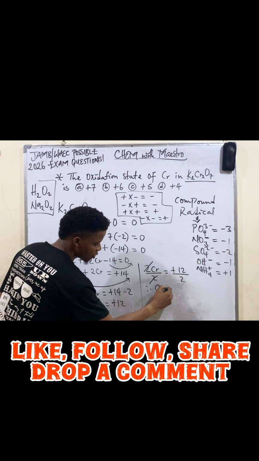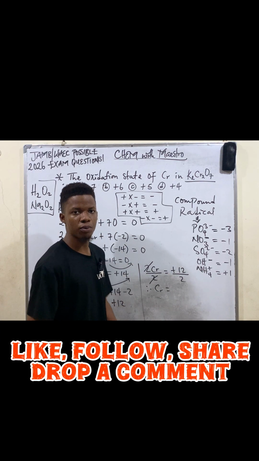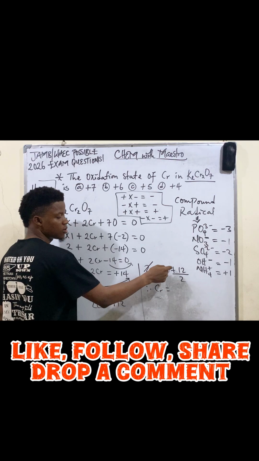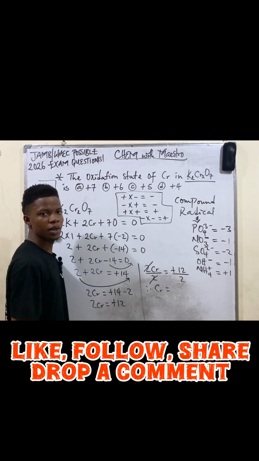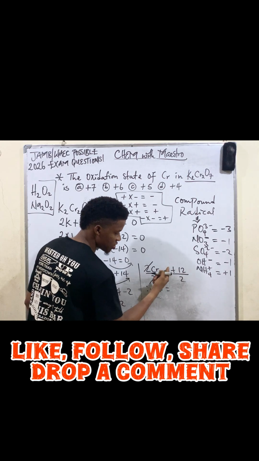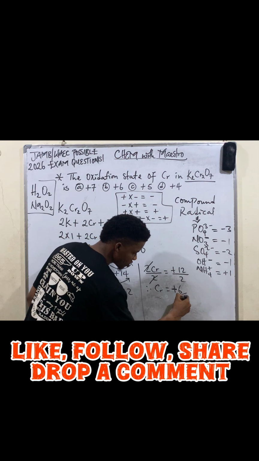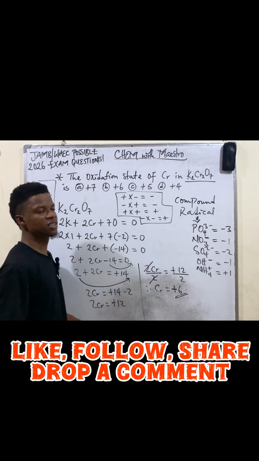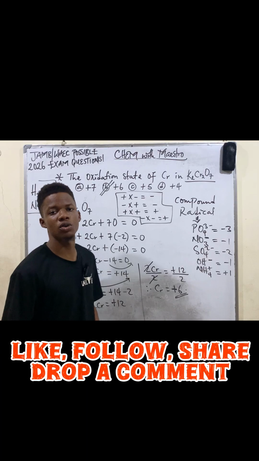Therefore, Cr is equal to plus 12 divided by 2. Just forget about the plus for now: 12 divided by 2 is 6. So just add the plus, it becomes plus 6. Plus 6 is our final answer, which is option B.